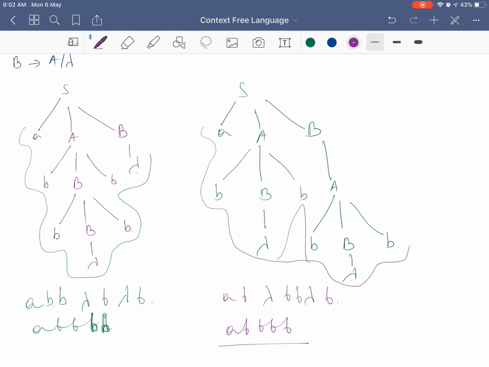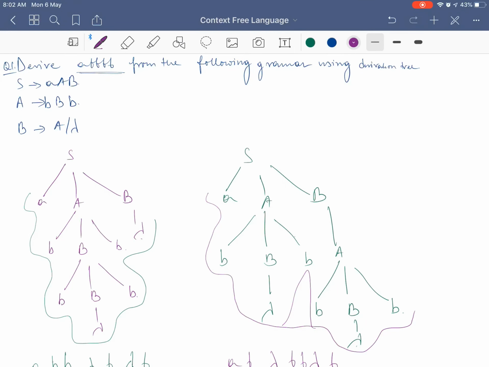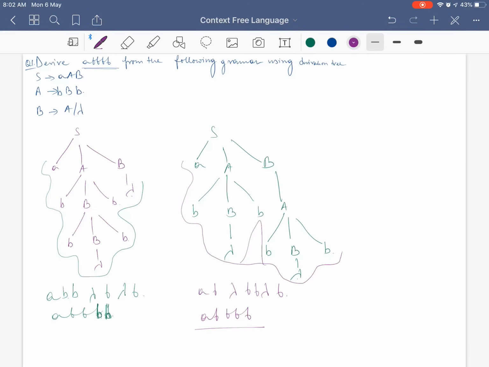Now the moral of the story is that I have been given one grammar and one string, and that string can be formed by two different derivation trees. The same string I am getting from two different derivation trees. If such a thing happens, then these types of grammars are called ambiguous grammars.